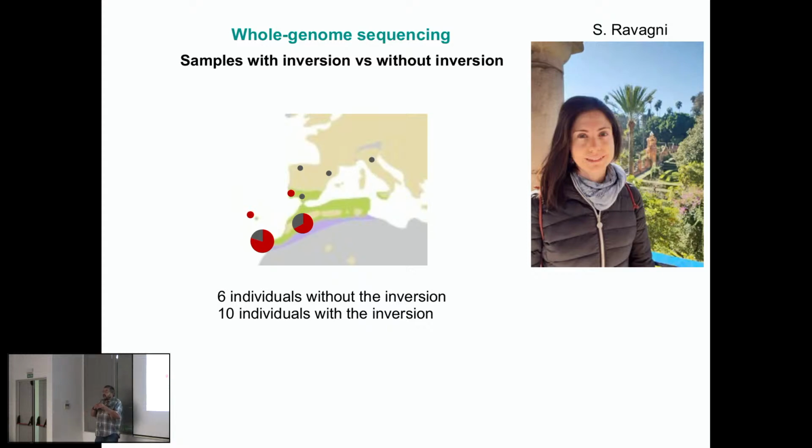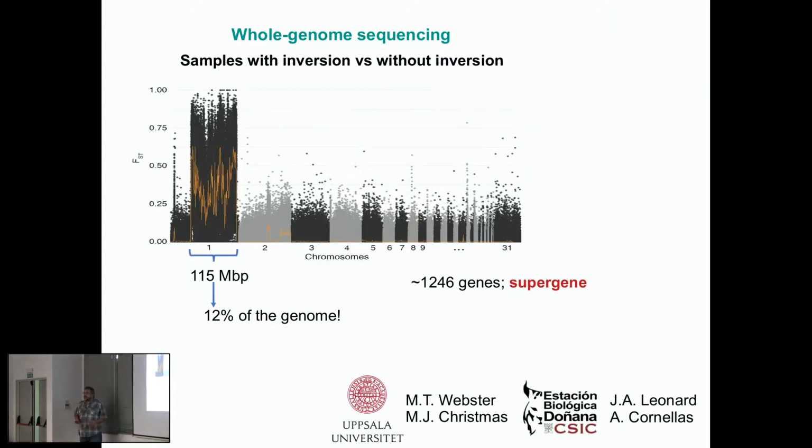And then we did the same. Let's look at the differentiation along the genome between these quails with the inversion and without the inversion. Remember the figure that Ines did? So this is what Sara found. Inside chromosome 1, there is this gigantic area that is very different between the two groups, the ones with inversion and without the inversion.